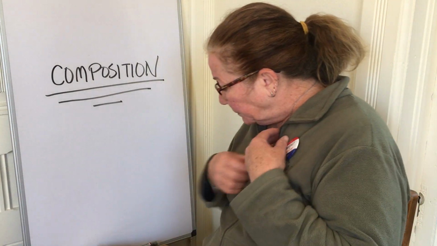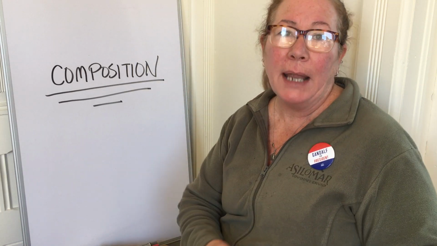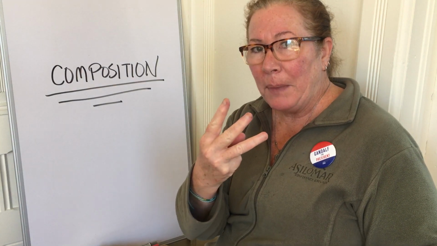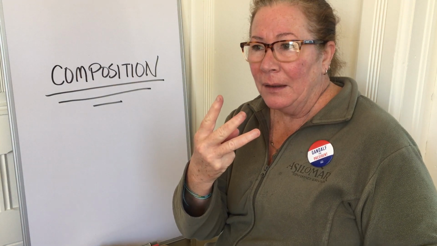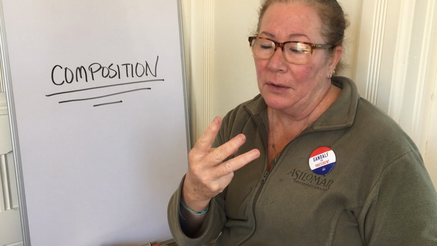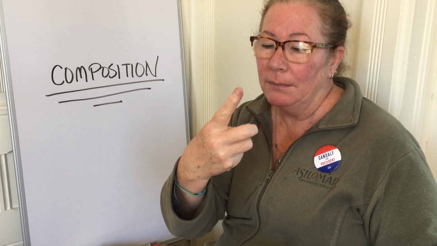And I want you guys to take it seriously, because from now on in this class, remember the first three assignments were about technical aspects of photography. So, how to work your camera and stuff. Light was the first one, light and lighting types, right?